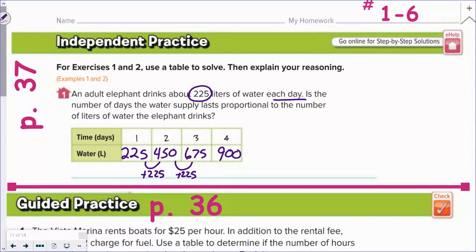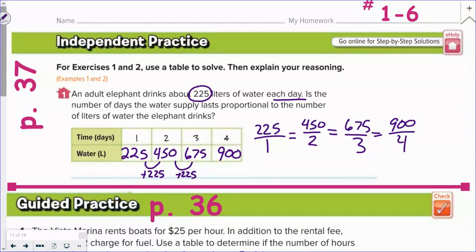So if I took each of these and reduced them down, I want to know, is 225 over 1 equal to the same thing as 450 divided by 2? That's what we're looking for here. Do all of these actually equal each other? Because if one does not, then it is not proportional.